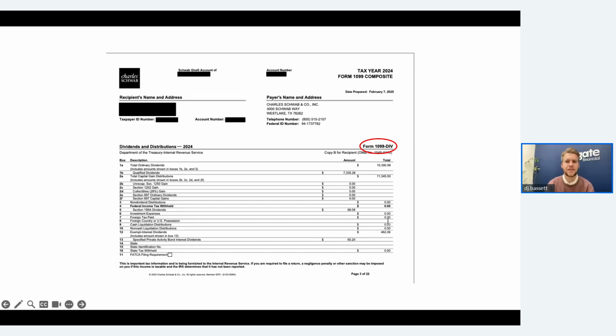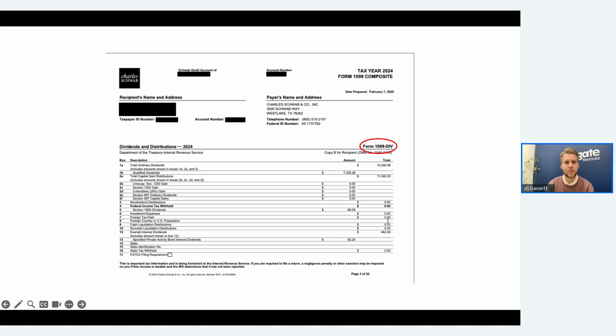So a good portion of that there. And really the only other, you'll see here, the rest are zeros. They're very specific situations, depending on the type of gain or if they fall under a certain tax code or section. So if you have certain investments, you may run into some of them.